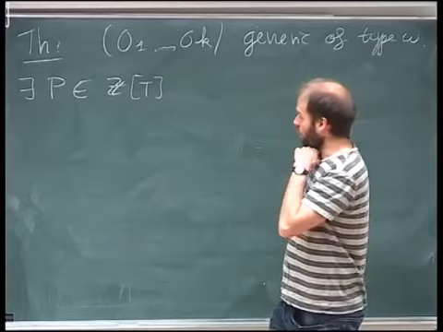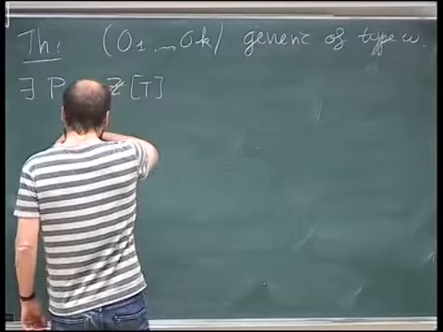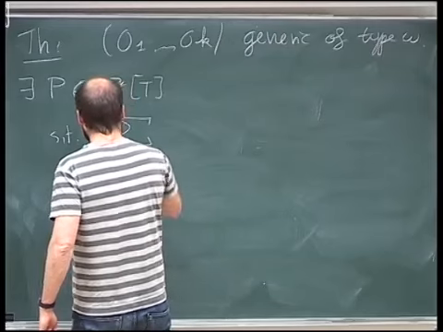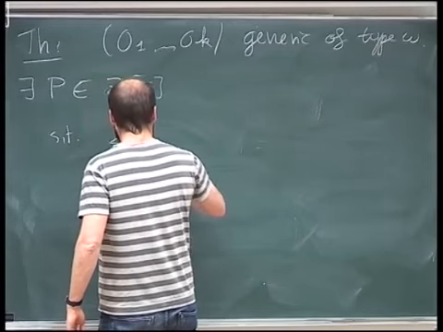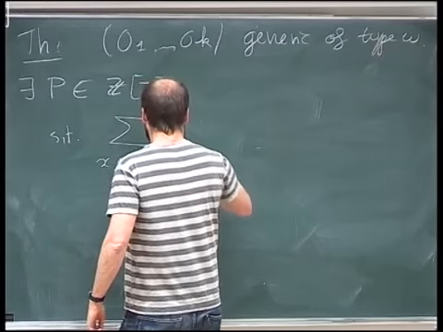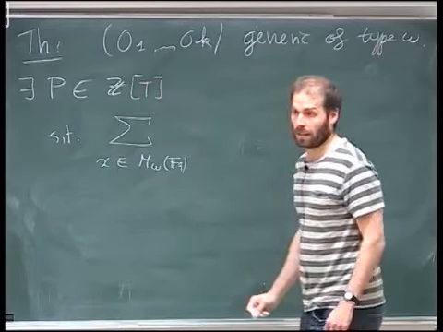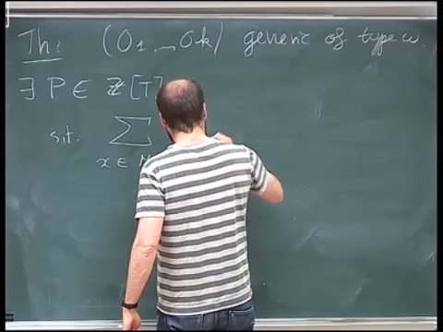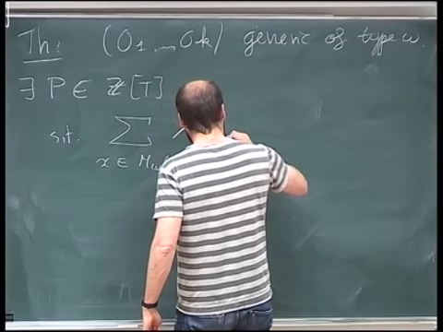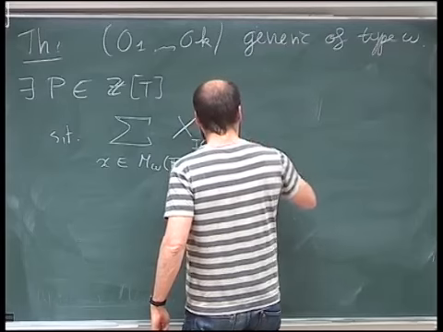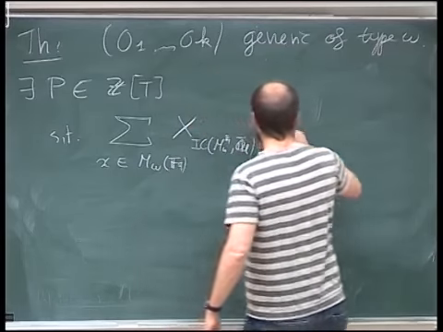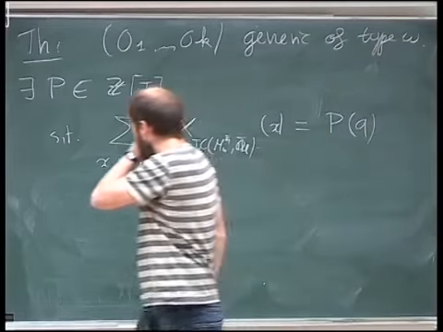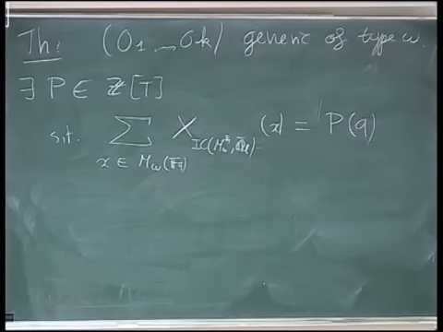So we use the intersection cohomology. Then there exists P such that the sum over the x in M_omega, taken over a finite field, of the characteristic function of the intersection cohomology of the Zariski closure, Q_l bar, evaluated at x, is equal to P of q, for q large enough.